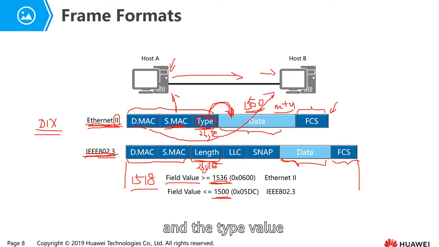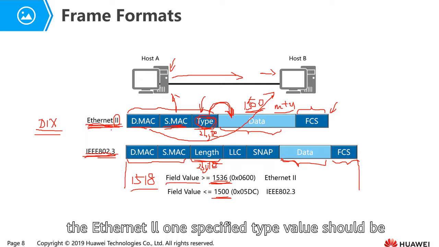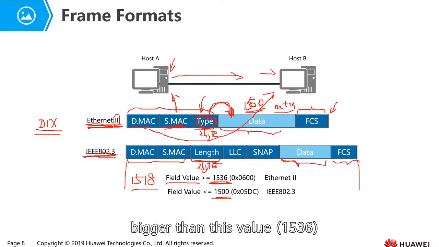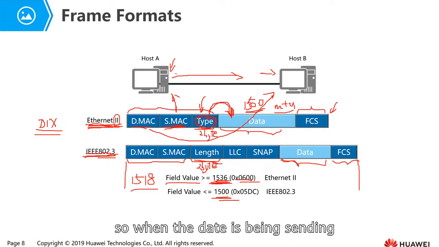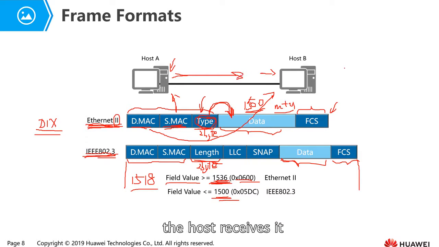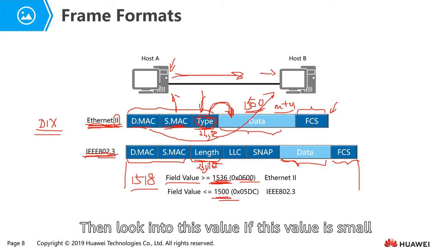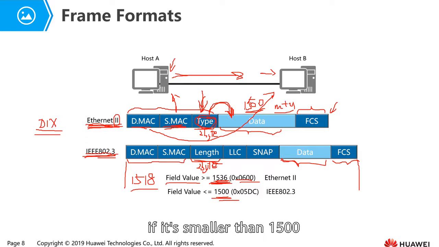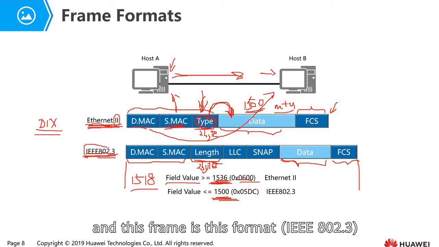And the type value in Ether2, when specified, should be bigger than this value, and values smaller than this will not be assigned, as they are used as the length. So when data is sent from one host to another, the receiving host looks into this value. If it is smaller than 1500, then it's the length, and this frame is in this format.